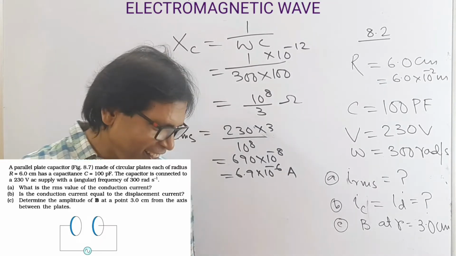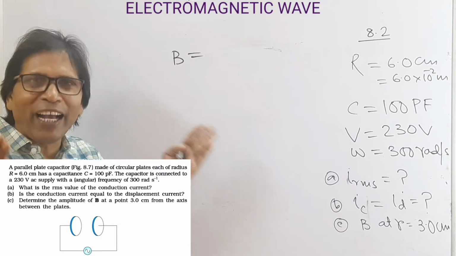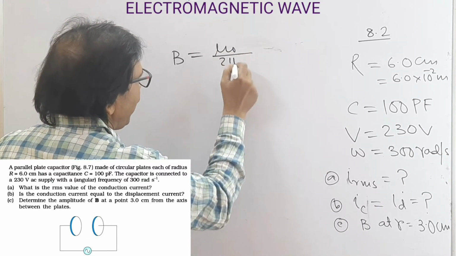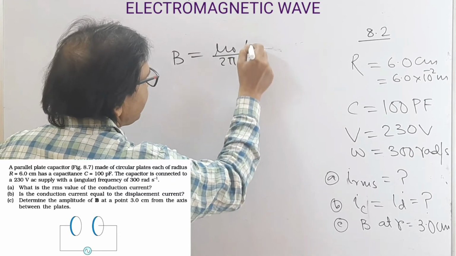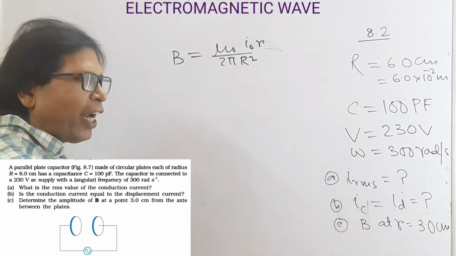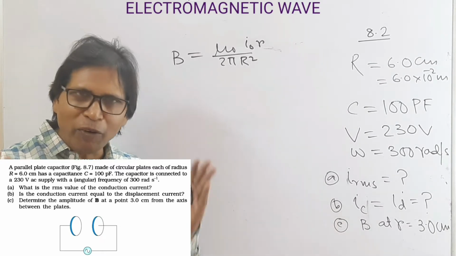Okay, now the amplitude of magnetic field B equals mu naught divided by 2 pi capital R square, into I naught into small r. Now look at this, I naught equals root 2 into I RMS.